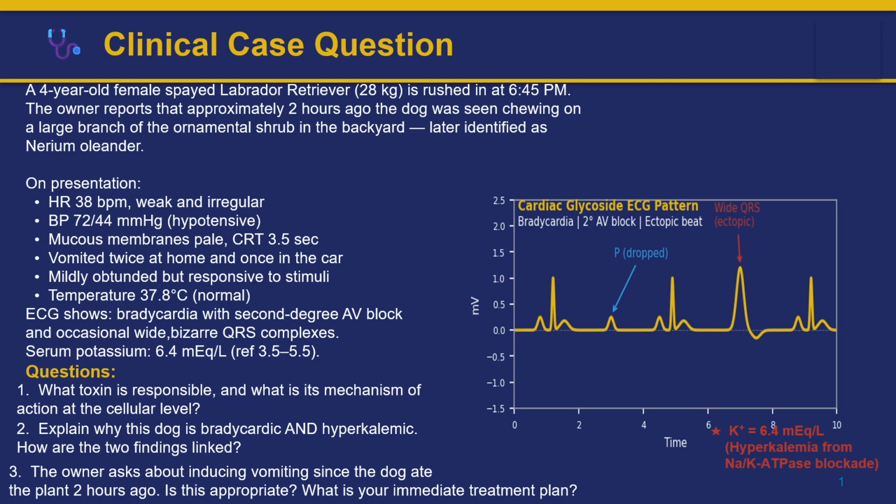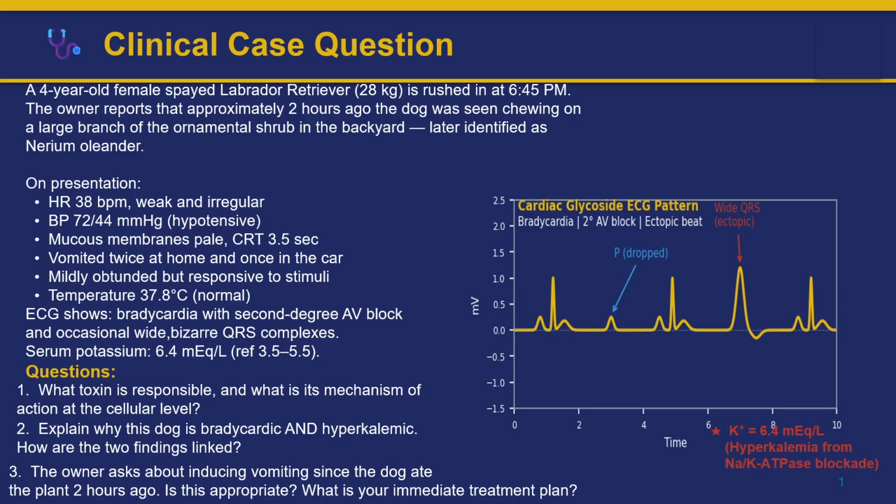Excess intracellular calcium increases myocardial contractility initially, positive inotropy, but at toxic concentrations, this calcium overload destabilizes cardiac membrane potential and generates arrhythmias. The result: bradycardia, AV conduction block, ectopic ventricular rhythms, and in severe cases, ventricular fibrillation.